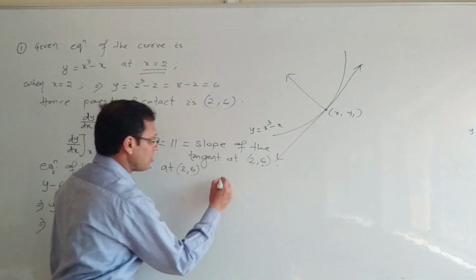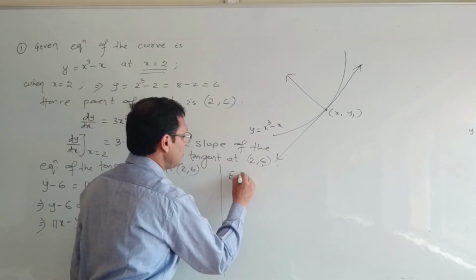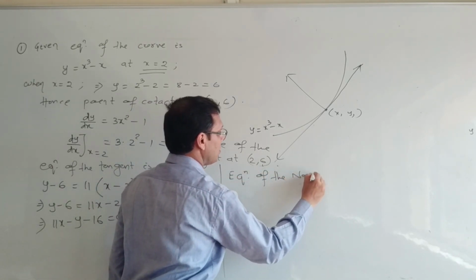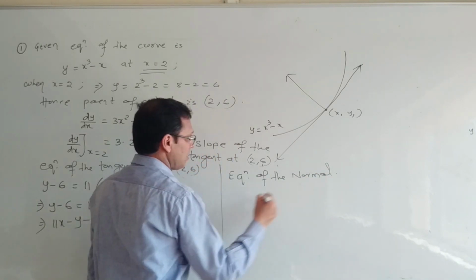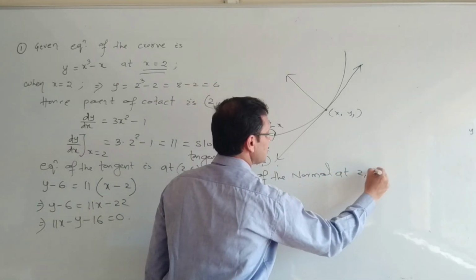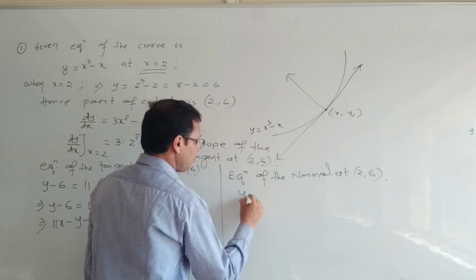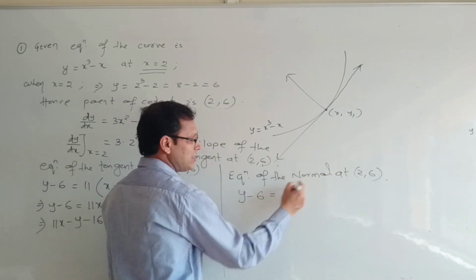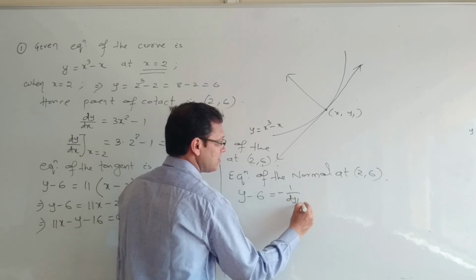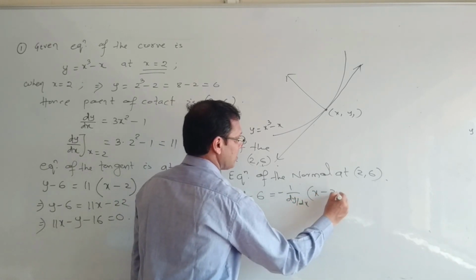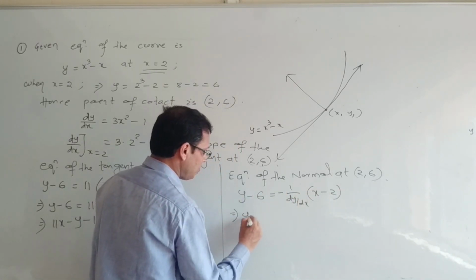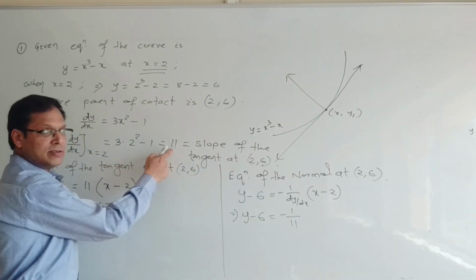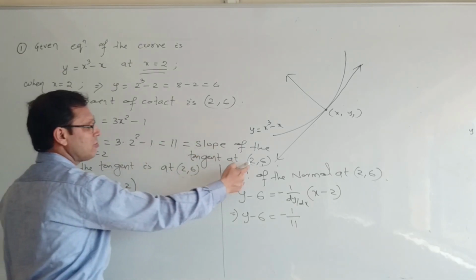To find the equation of the normal at the point 2, 6, it is given by y minus y1, that is y minus 6, and the slope of the normal is minus 1 by dy by dx, into x minus 2. 11 is the value of dy by dx at the point 2, 6.